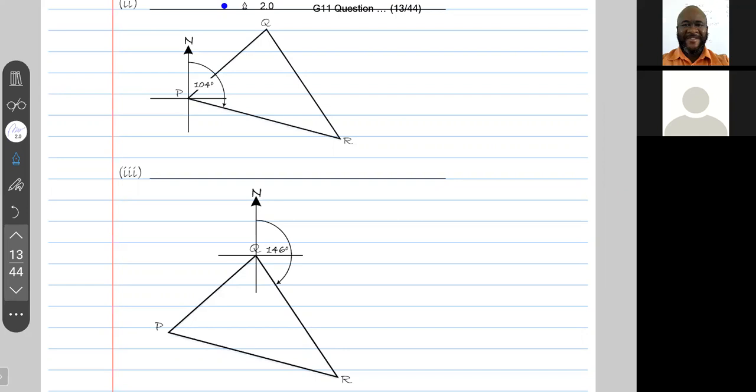Because the arc starts at north and comes around to the line connecting P and R. Since the north-south line is at P, it means I'm taking the bearing from P. So the 104 degrees is the bearing of R from P. I know it is from P because the north-south line is at P.